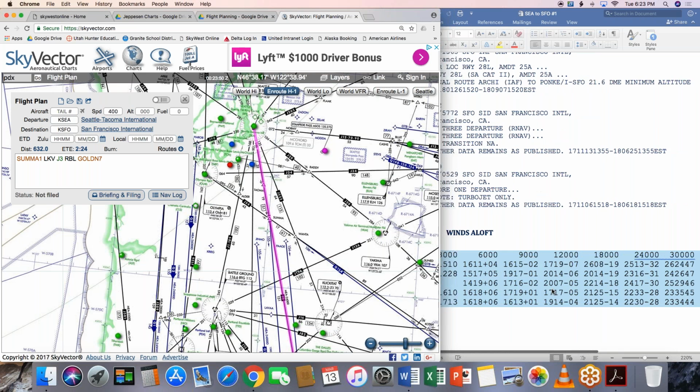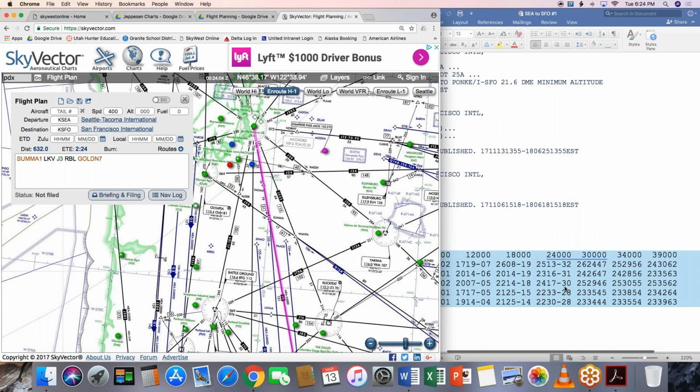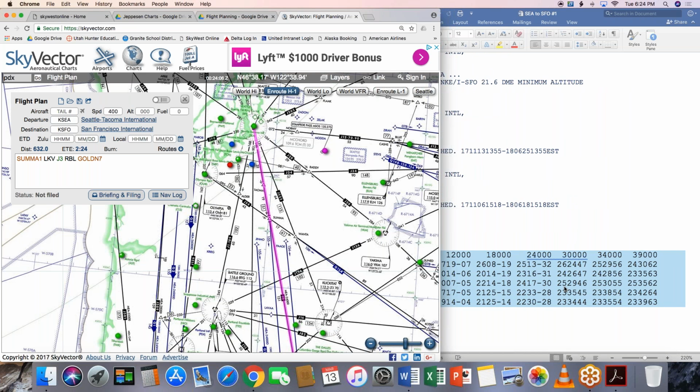So at that point, it's just interpolation, right? So how high do you think we'll be? Just throw a number out there over Portland. 27. Well, yeah, probably somewhere in there.